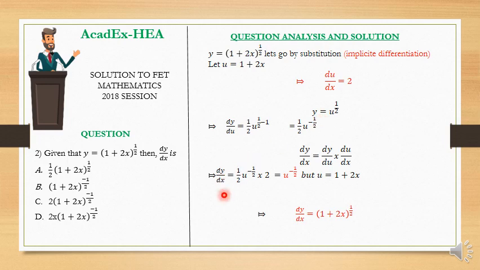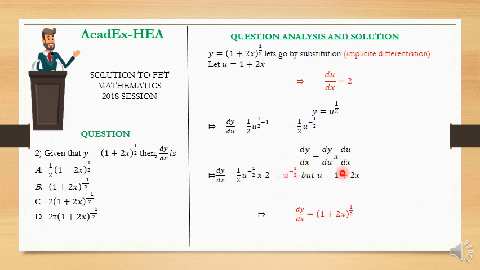Now dy dx is equal to, we have half u raised to the power of negative half, which is dy du, then times du dx, and du dx is equal to 2. We solved it to have 2, and then we multiply this. 2 will cancel here, and we're left with u raised to the power of negative half.